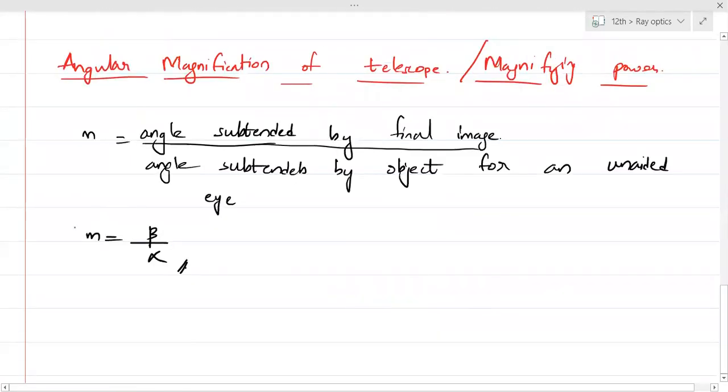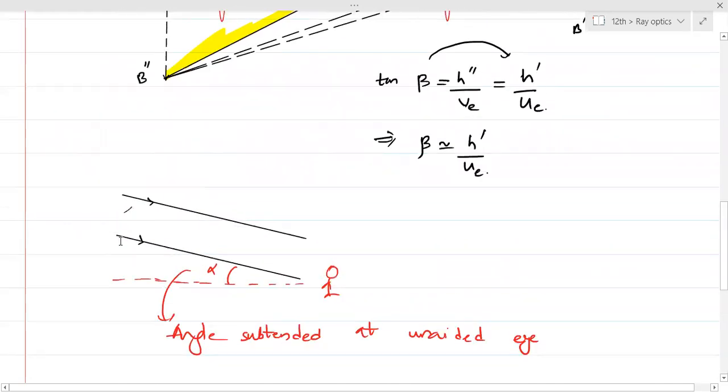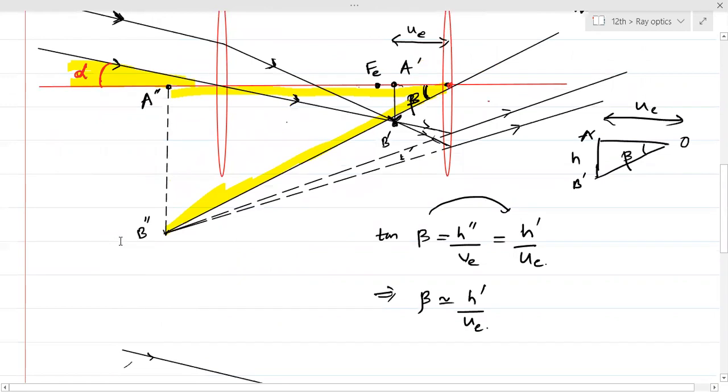I'll call this as mod of m. Why mod of m? You'll understand, अभी के लिए रुको. Mod of m is equal to beta by alpha. We got beta. Now देखो. Again look at the left lens. Left lens में, if I look at this triangle, कौन सा triangle यहाँ पे?